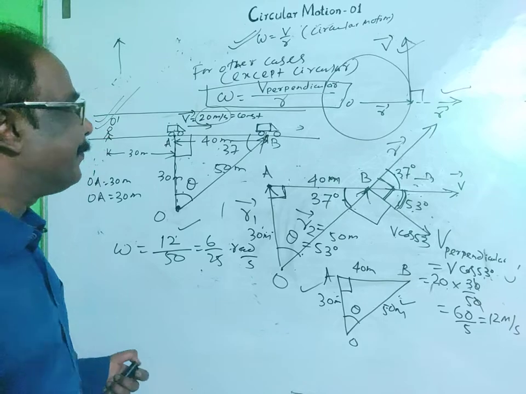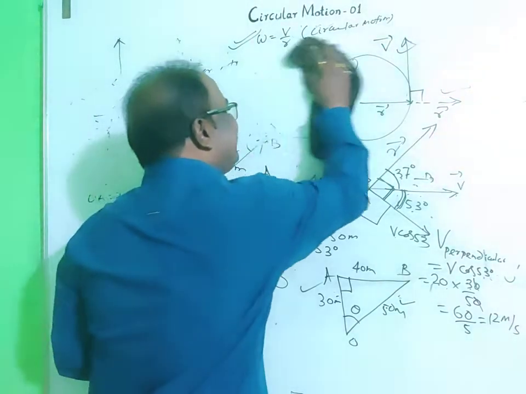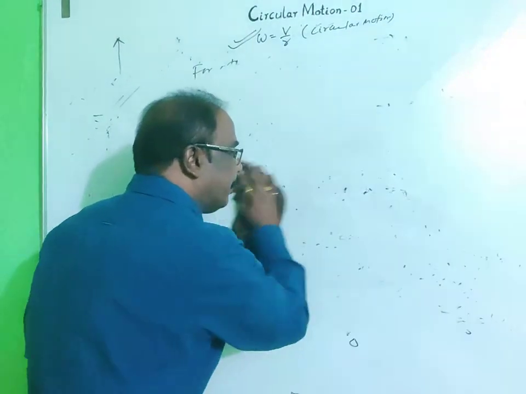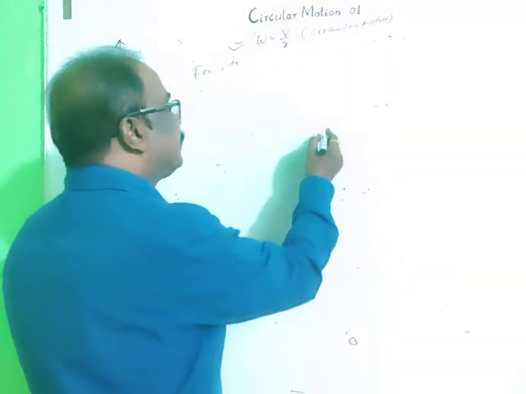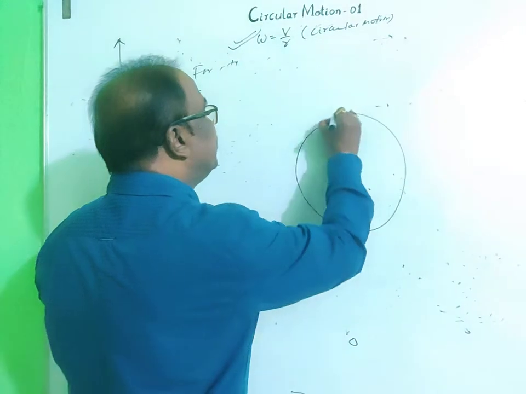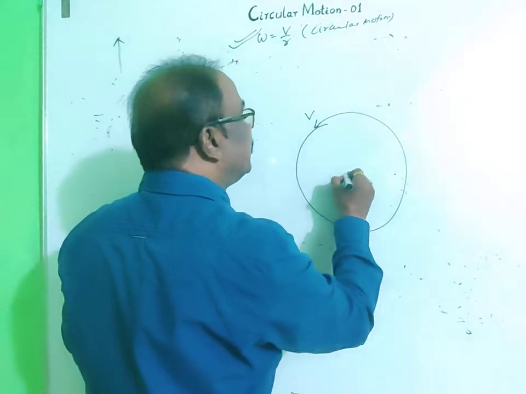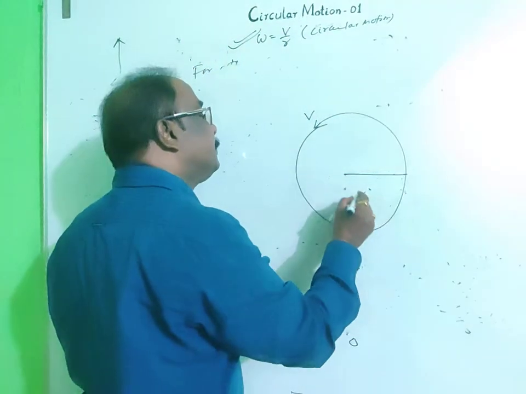Is it clear? Okay. Then what is angular velocity in vector form? Just see. Suppose a particle is moving anticlockwise with uniform speed, uniform circular motion.